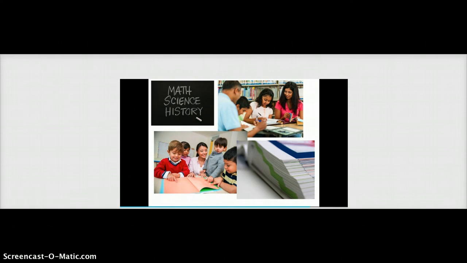Finally, and this is going to be talked about in the other modules throughout the class, think about the relationship that literacy has across all the things that we do in school.